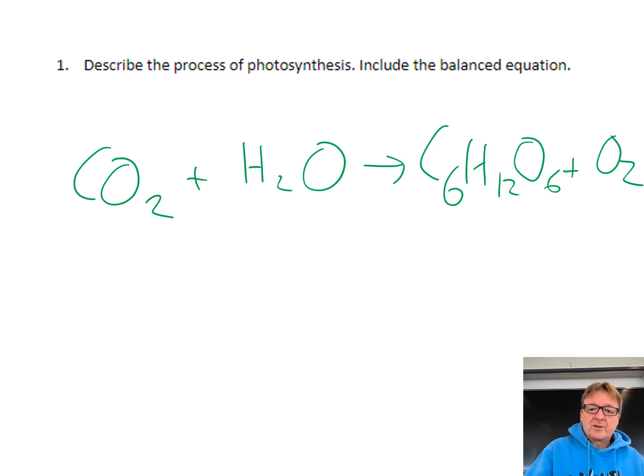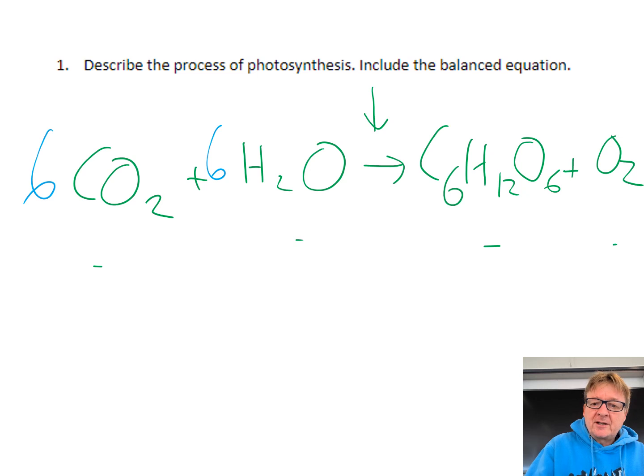Photosynthesis is the use of light energy to turn carbon dioxide and water into glucose and oxygen. The balanced equation bit is you put a 6 there, a 6 there, and a 6 there. Glucose, which is C6H12O6, stays exactly as it is. But you have to know that photosynthesis equation.